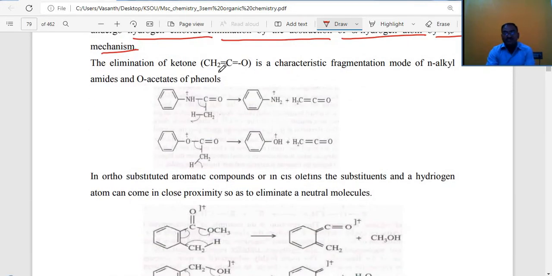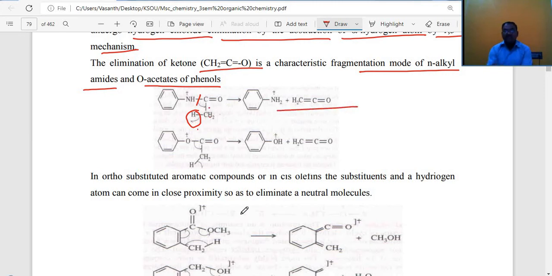Elimination of ketene, CH2CO, is a characteristic fragmentation mode of N-alkyl amides, ortho-acetal compounds and phenols. Just see here, two migrations of this hydrogen. What we are getting here is breaking of this bond, C double bond O, CH2, CH, like that.